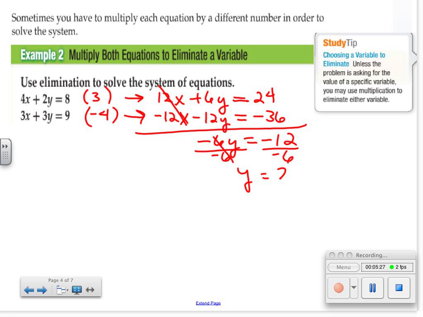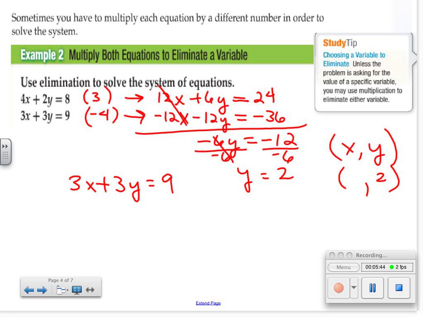Divide both sides by negative 6, and I see that y equals a positive 2. Okay, so now I know my y, it's 2, and I have to find my x. So I'm going to take 3x plus 3y equals 9, and substitute in 2.